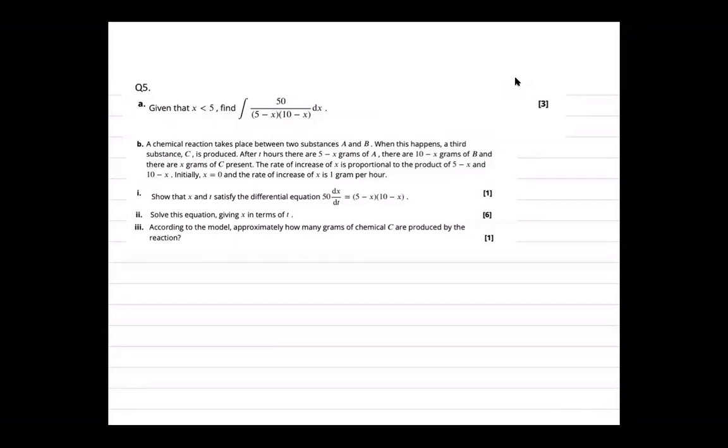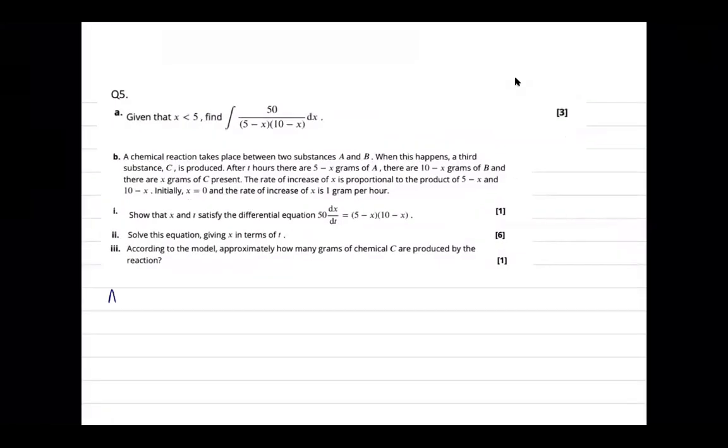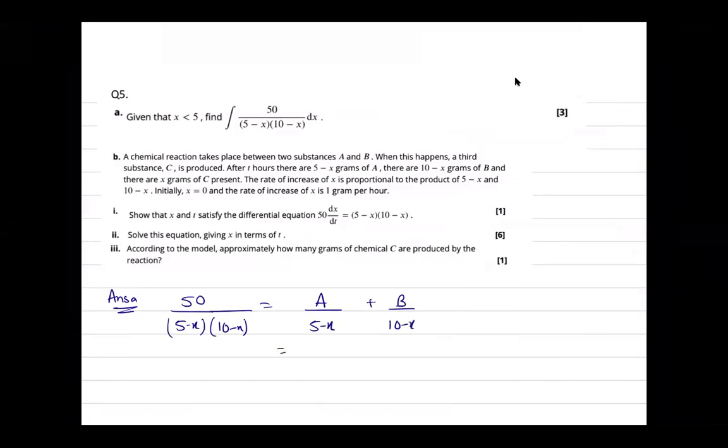So for the first part, you're going to make the partial fractions for this. 50 upon 5 minus x times 10 minus x is the same as a upon 5 minus x plus b upon 10 minus x.